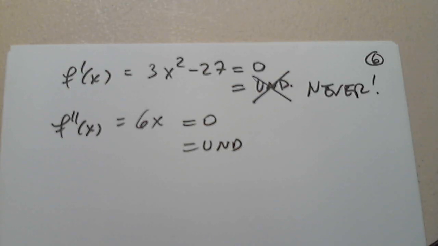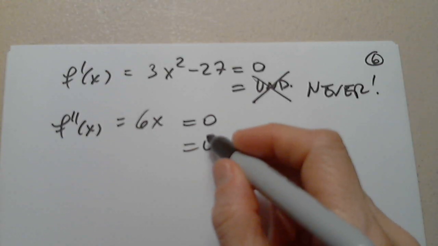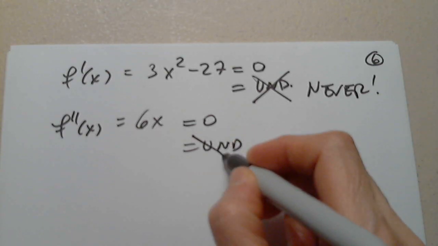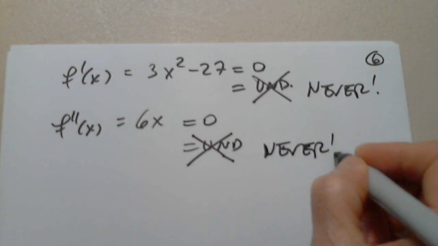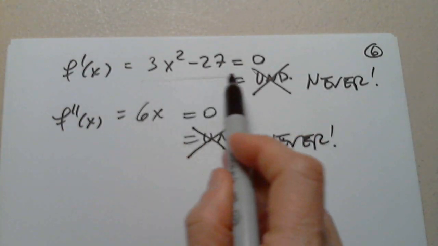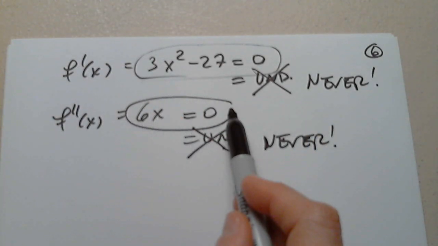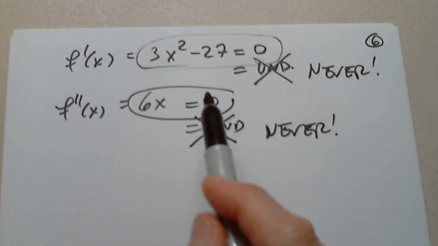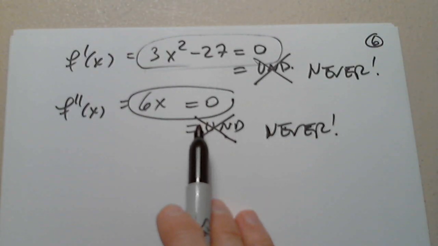Because it's a polynomial function. Good. So now I have to solve this equation, and I have to solve this equation. The first equation gives critical numbers. The second equation potentially gives inflection points.